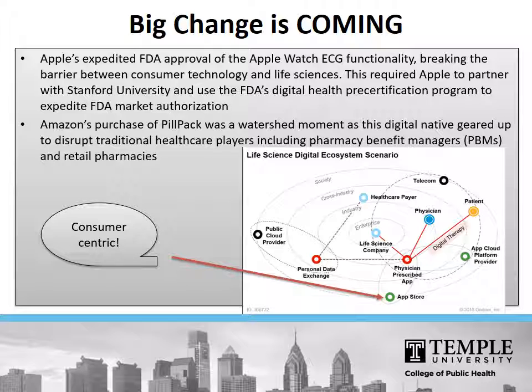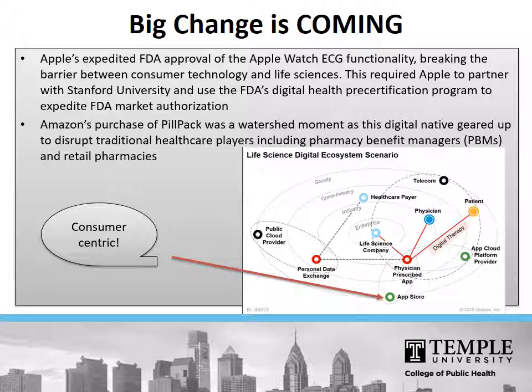This required Apple to partner with Stanford University and use the FDA's digital health pre-certification program to expedite the FDA's market authorization.